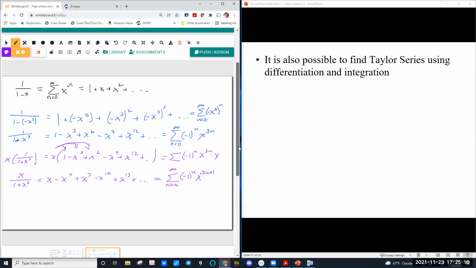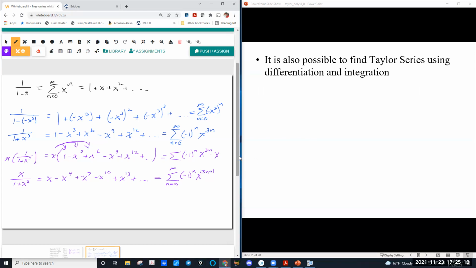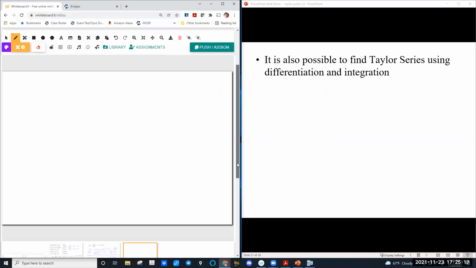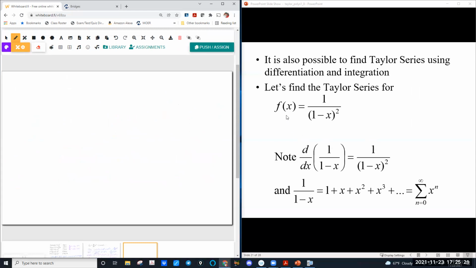We can also do this via integration or differentiation, and these usually aren't that bad either. So for instance, if I wanted the Taylor series for 1 over (1 minus x) squared, we know based off our derivative rules that the derivative of 1 over 1 minus x is 1 over (1 minus x) squared.